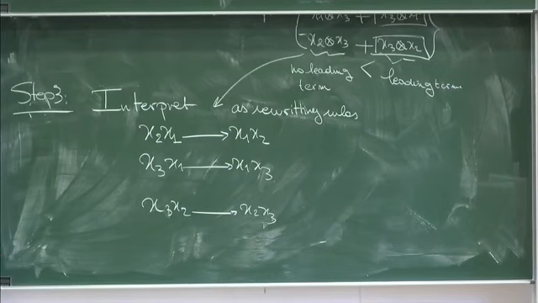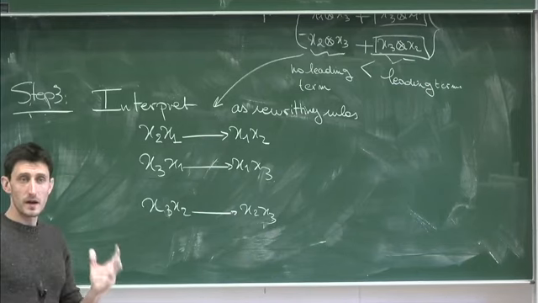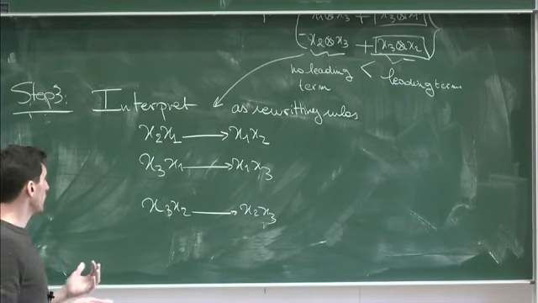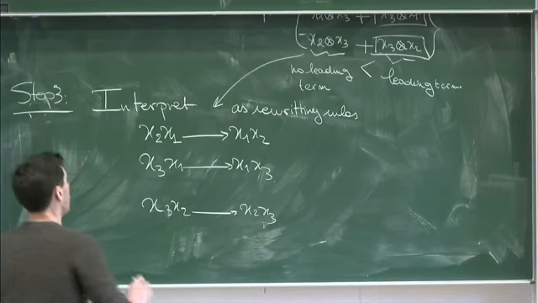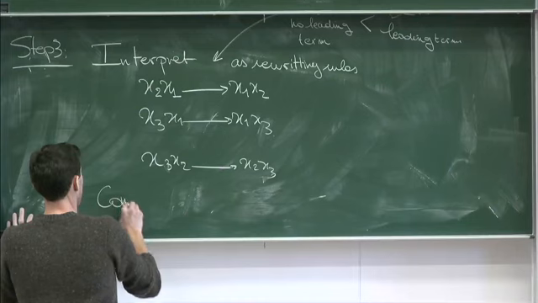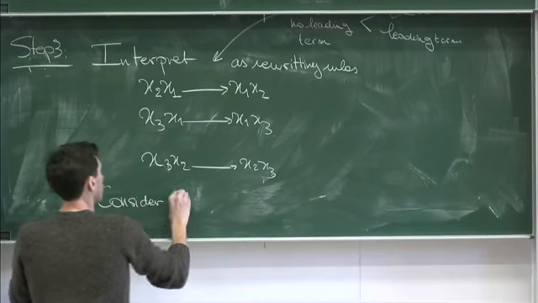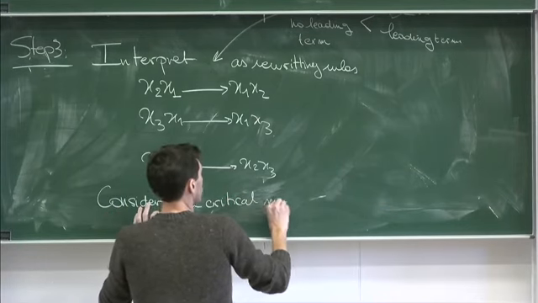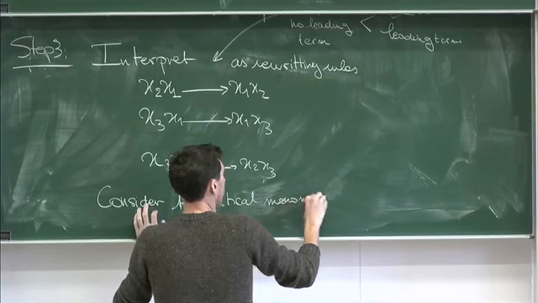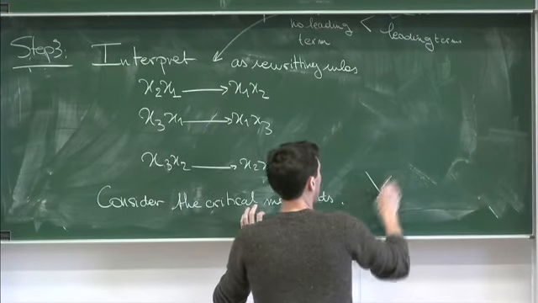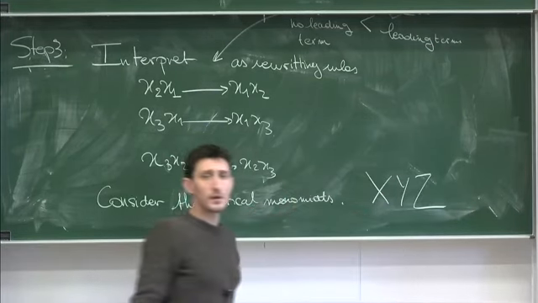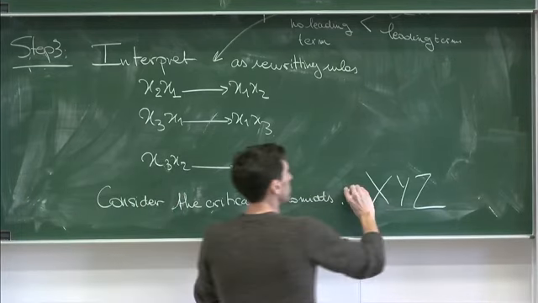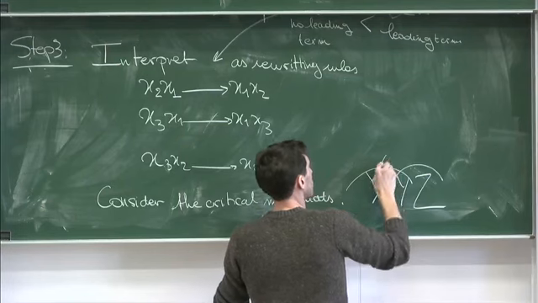The first problem arises when you take words with 3 letters. Now when you have words with 3 letters, something can happen: you can have an ambiguity. So now you consider the critical monomials. I should not have given you the name first. Critical monomials are words with 3 letters such that this and that are leading terms.